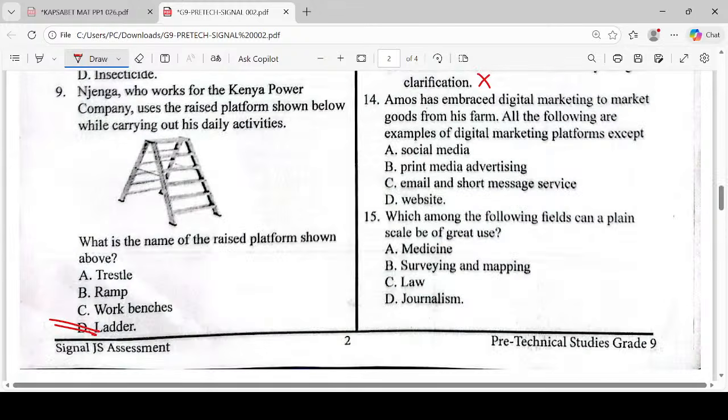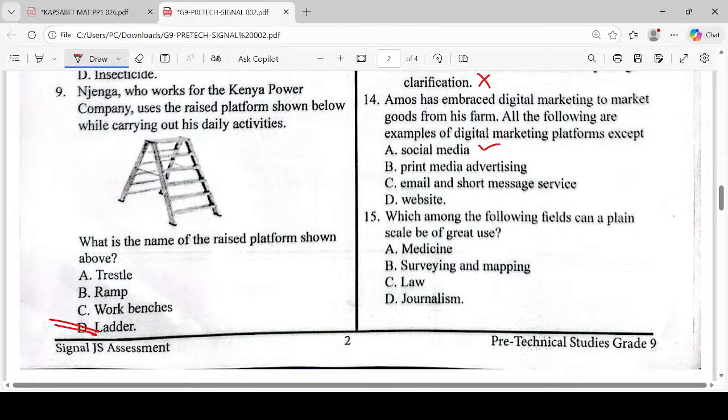Question number 14. Amos has embraced digital marketing to market goods for his farm. All the following are examples of digital marketing platforms except A, social media, yes.